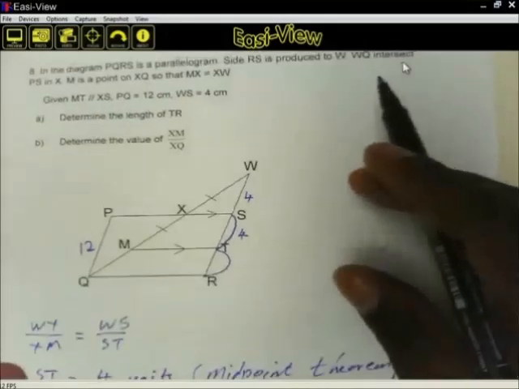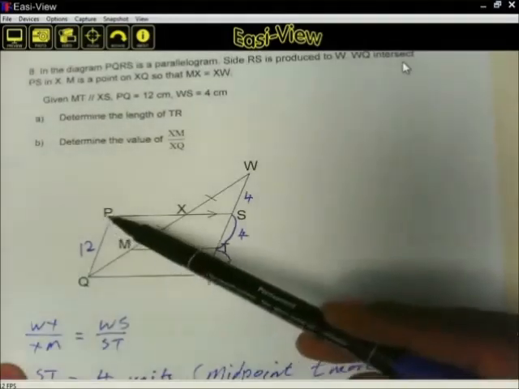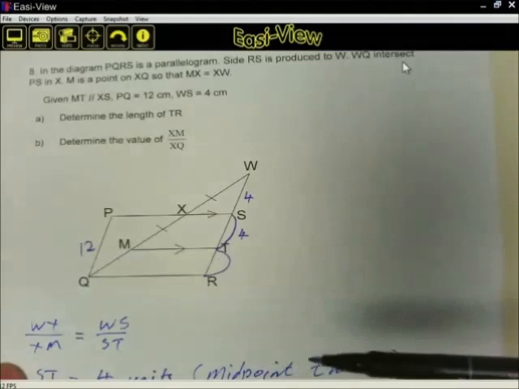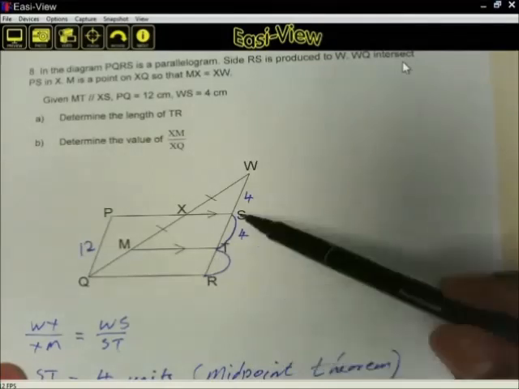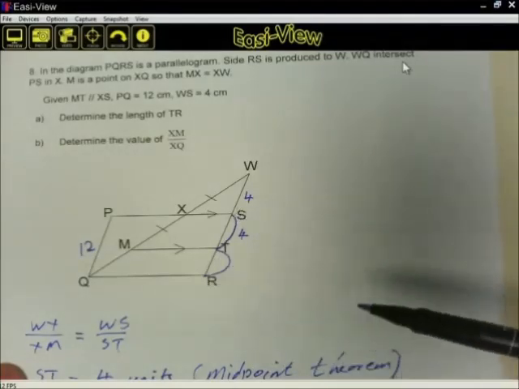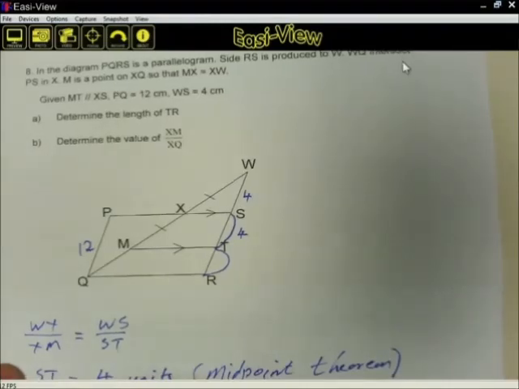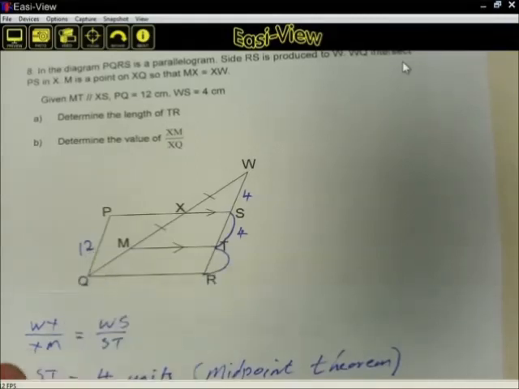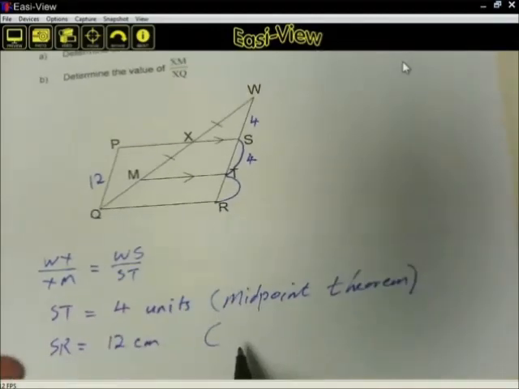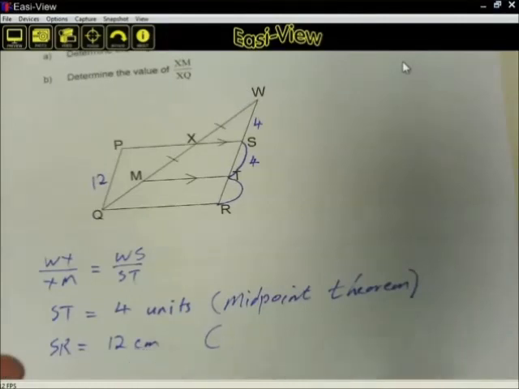Now we've got ST as 4. Remember, it is given that PQ is 12 centimeters. So SR is also 12 centimeters, because these are the opposite sides of a parallelogram.